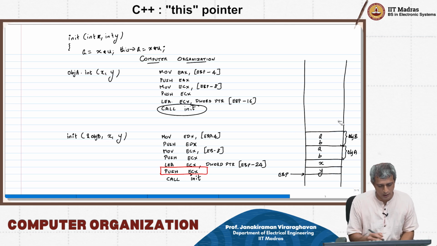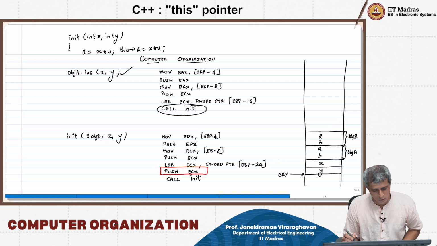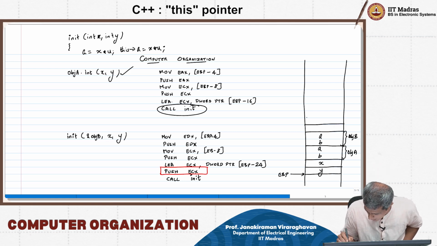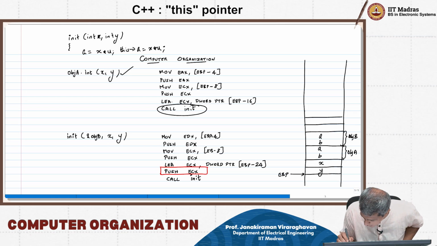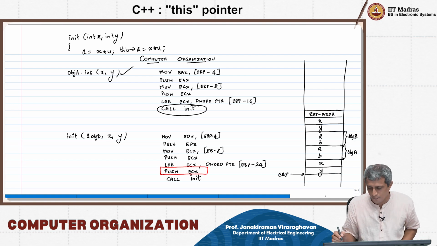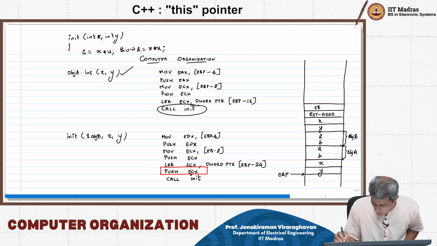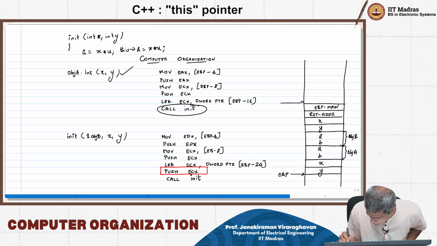so let's say when you are calling this, what is going to happen? You will first push the value of y, then push the value of x, then you are not doing any this pointer pushing, it is calculated in ECX and just sent over. Then you call it, so the stack will be y, x, the return address, and then you push EBP of main, and then you bring EBP up to this point and here you put the this pointer.